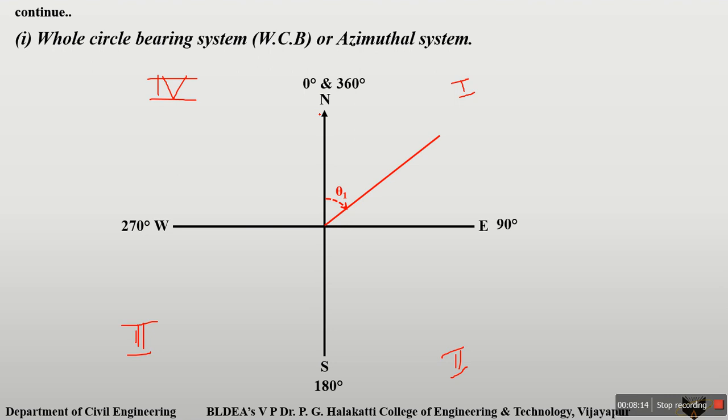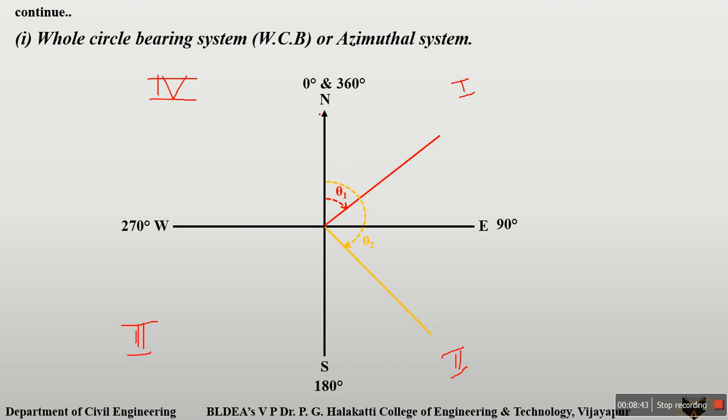This one is considered theta 1. Similarly, if there is a line present in the second quadrant, the bearing is again measured from the north direction only, towards the line like this. This one is called theta 2.